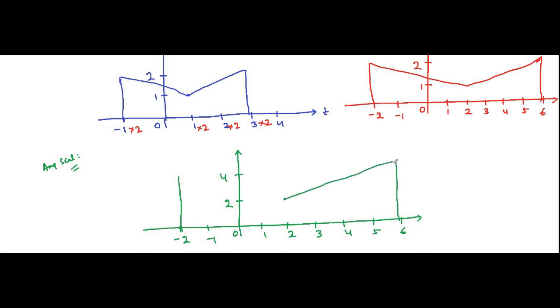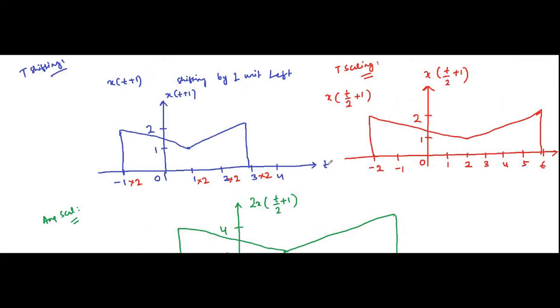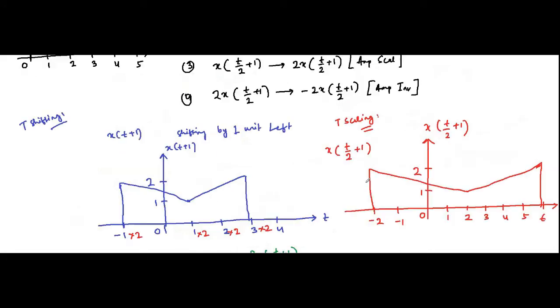So this is the amplitude scaled signal, 2x(t/2 + 1).